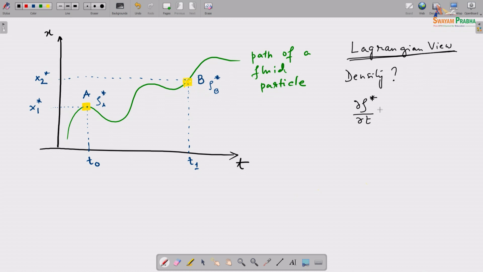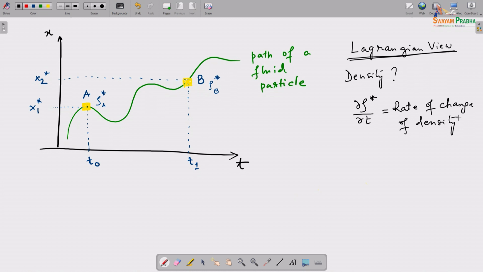The star itself is telling me that the density is rho A star or rho B star. So this is the rate of change of density, which I am writing like this.